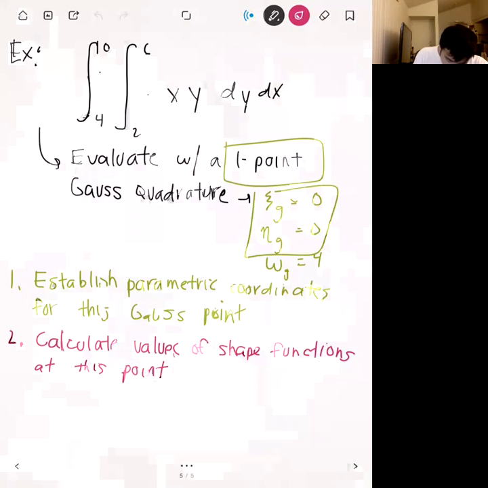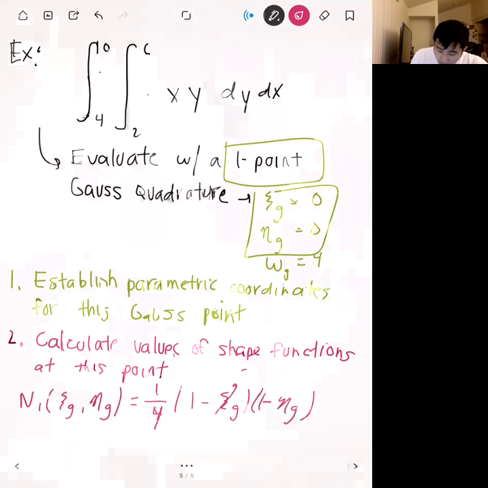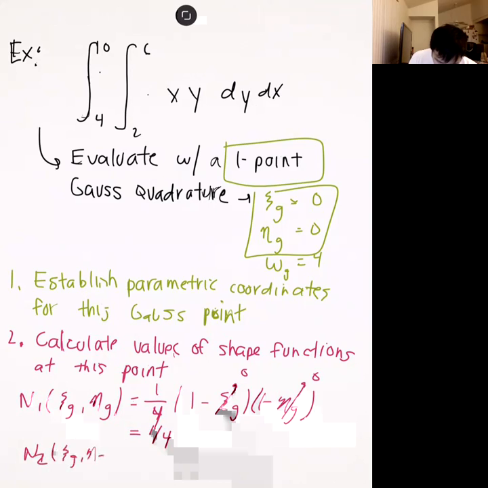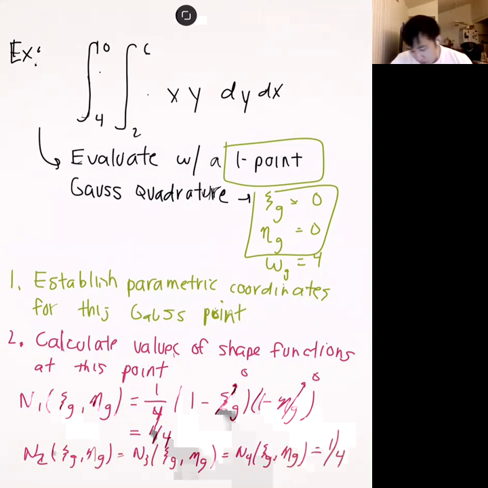First we're going to have N1 at xi g, eta g, and we plug in our expression for N1, so N1 is 1/4 times 1 minus xi g times 1 minus eta g. Since xi g is 0 and eta g is 0, we have 1/4 times 1 times 1, which is just 1/4. Similarly, N2, N3, and N4 at xi g, eta g are all simply 1/4.